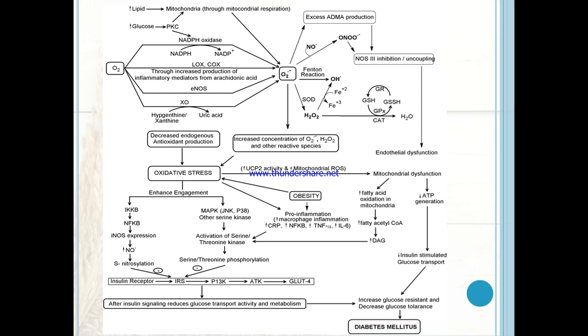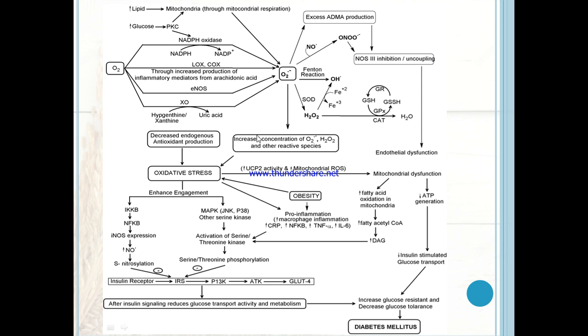Now coming to how diabetes mellitus occurs. Here we can observe the generation of superoxide radicals, hydroxyl radicals and H2O2, which we have already discussed.